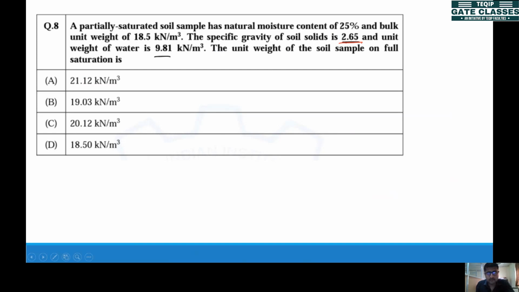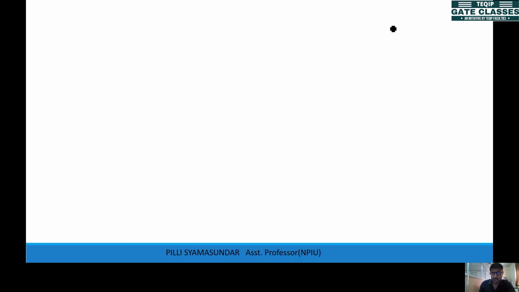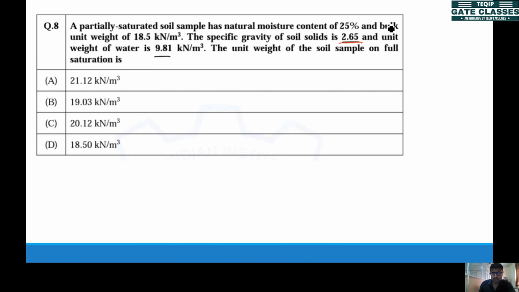Fine. So far we have seen the basic parameters. Now this is the fun part, so we'll do some numericals. If you want a better score, you have to practice as many numericals as possible.